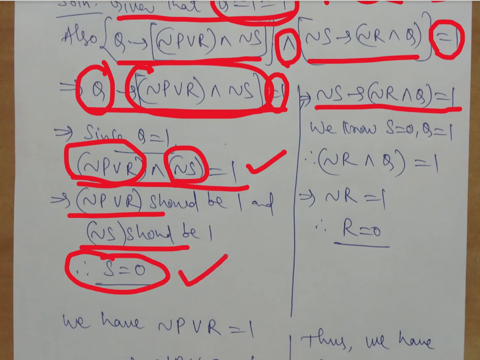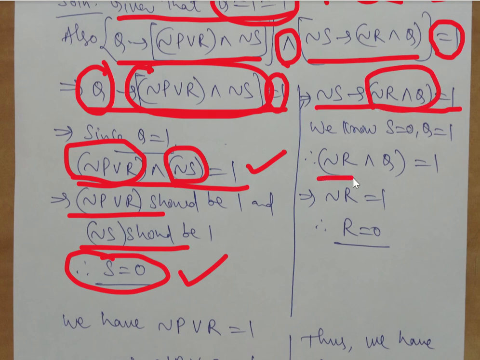So Q is given, S value we got. Now let us come back to the second one. Here it is given negation S implies this is true. Now S is 0, negation S is true. Just now we have seen that a true implication gives a true value only when the other statement is also true. So this is also true now.